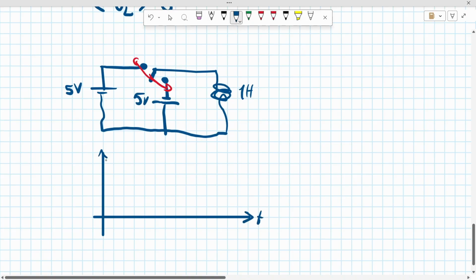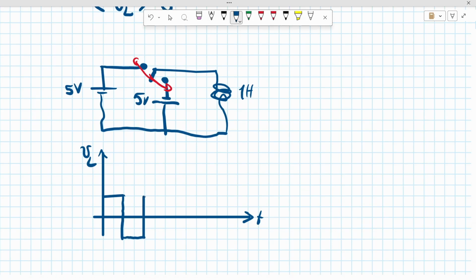Time, voltage. The voltage across the inductor is 5 volts in the beginning and switched to negative 5 volts for another 1 second, and again positive 5 volts, and again negative 5 volts, and so on.